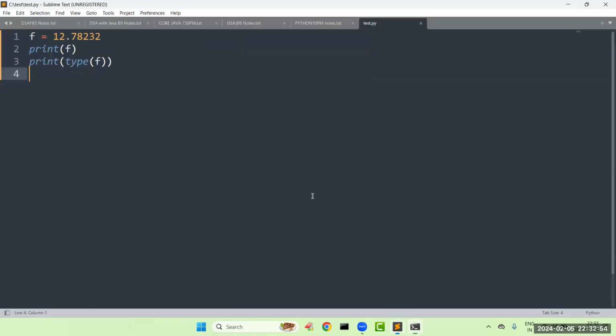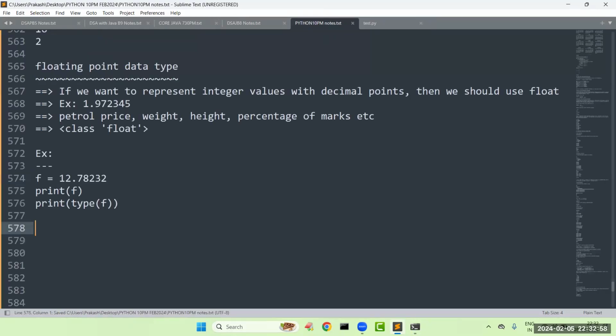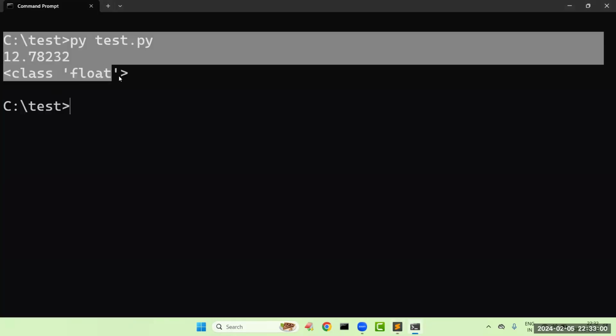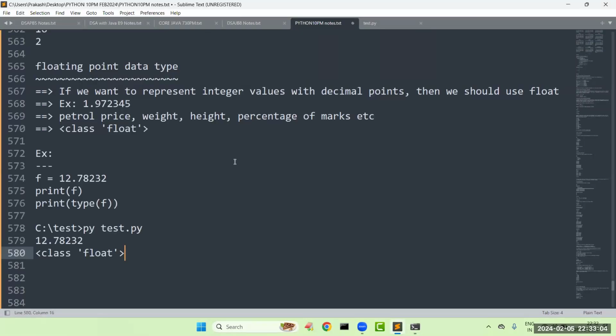Sir, like integers where you have decimal, octal, is there any such possibility here? No, but we have another form.